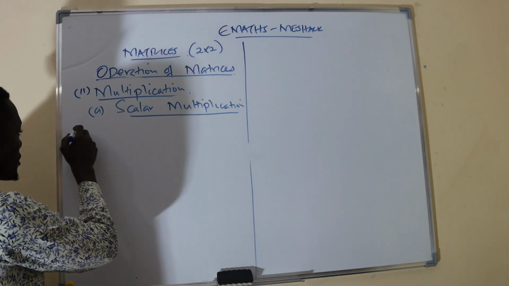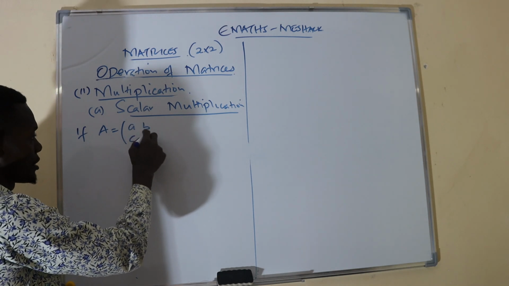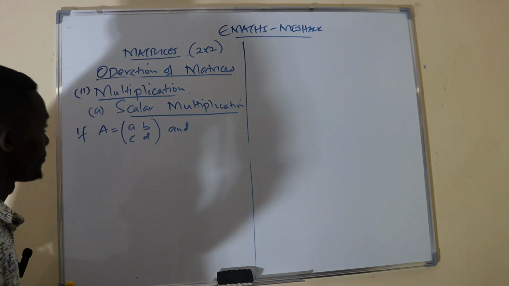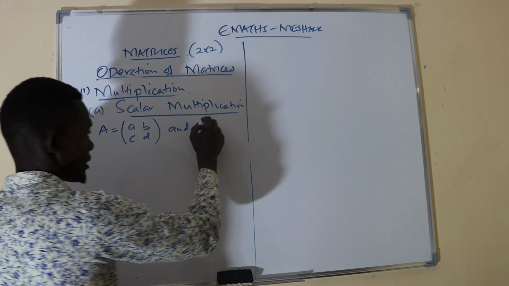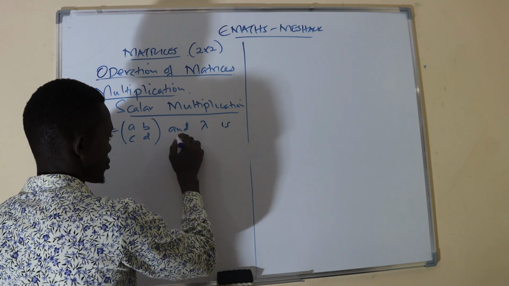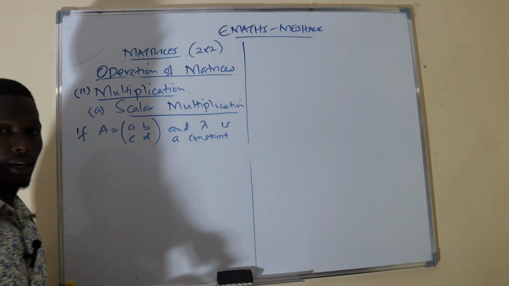So you can say if our A is given by, generally again, A, B, C, and D. And let me use a Greek letter, that is lambda. I shall use this. And lambda is a constant.